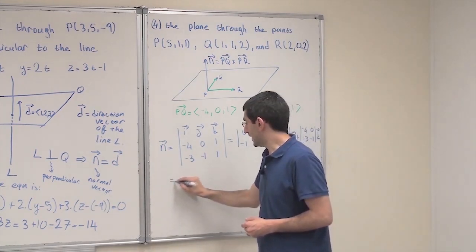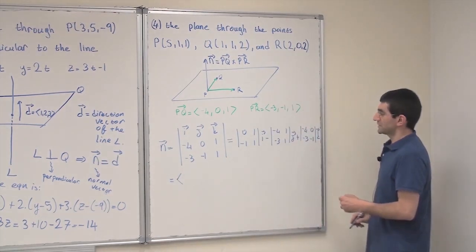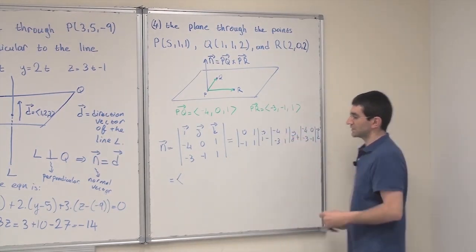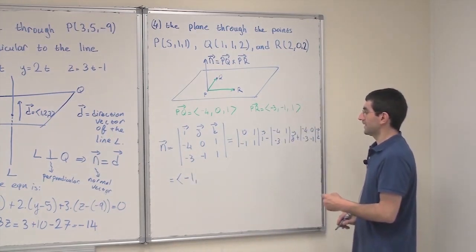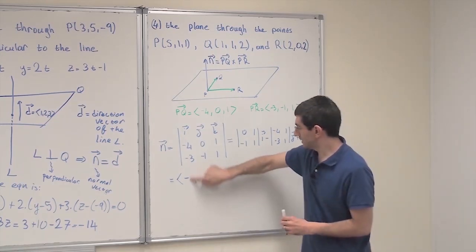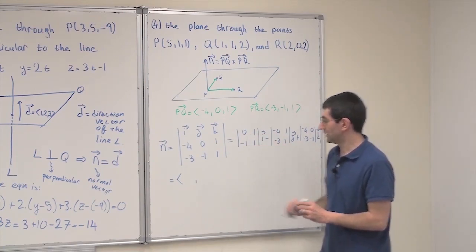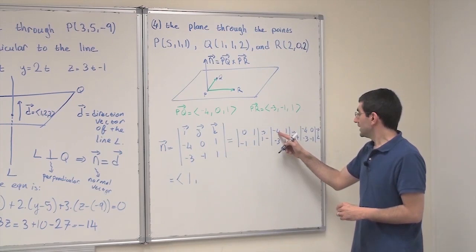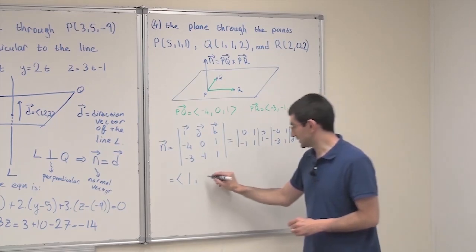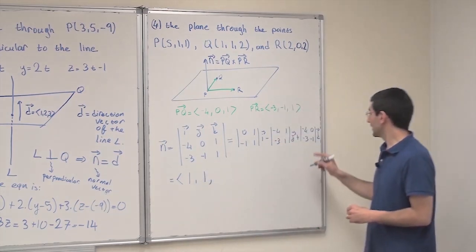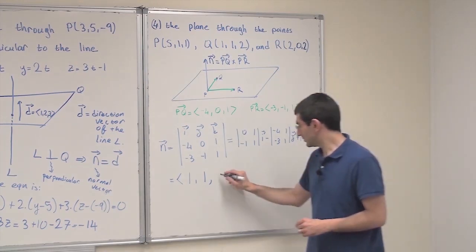So our vector n has components. Negative 4 plus 3, which is negative 1. Oh, excuse me, that's the component i. So 0 plus 1 is 1. Negative 4 plus 3, which is negative 1. With this negative, it is plus 1. And the last component is 4 minus 0. So that's a 4.